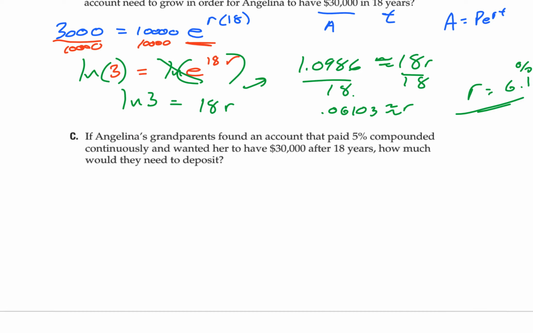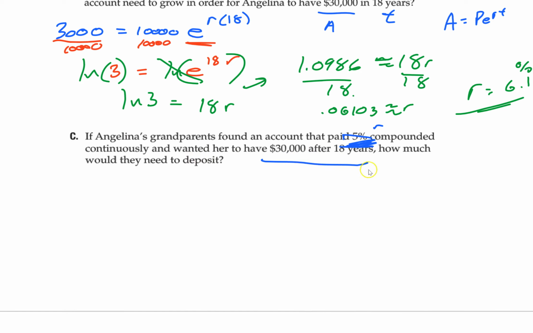And the final question: if Angeline's grandparents found an account that paid 5% interest, not bad, continuously, and they want her to have 30 grand after 18 years, how much would they need to deposit? So very similar to before, right? Now they found something that has 5% interest. They want her to have 30 grand when she turns 18.